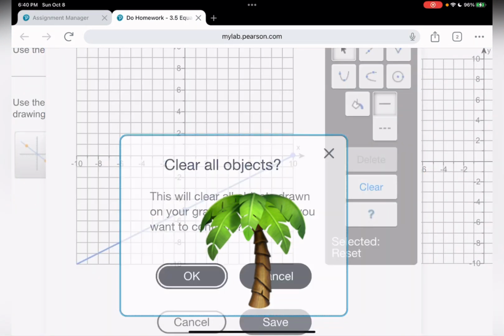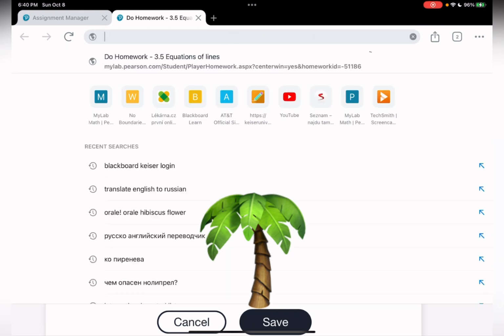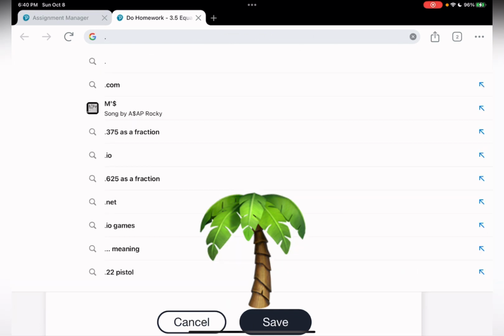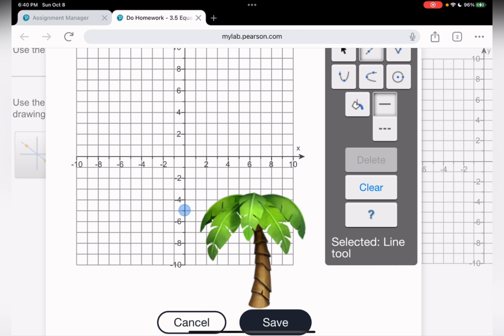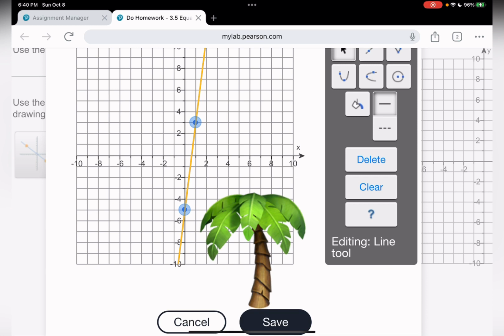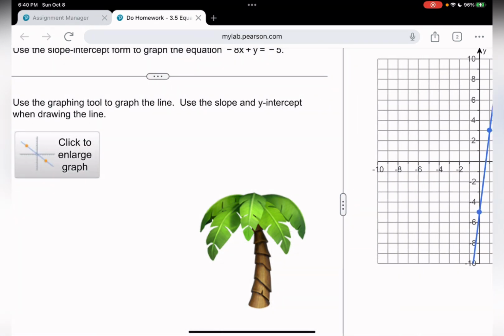Let me do it again. Negative 5, moving up by 8. So negative 5 plus 8 is going to be positive 3. And here I got 3 and 1. Positive 1. Here it is. Okay. Saving.